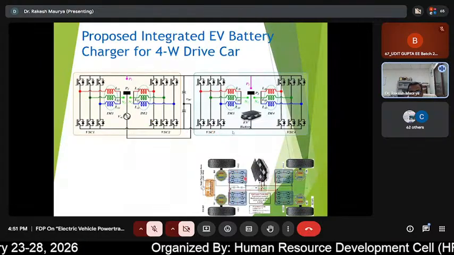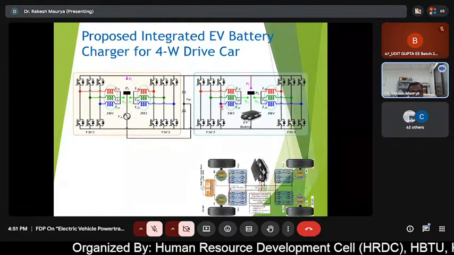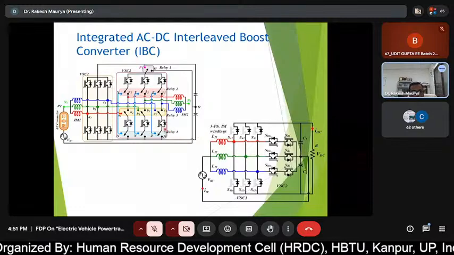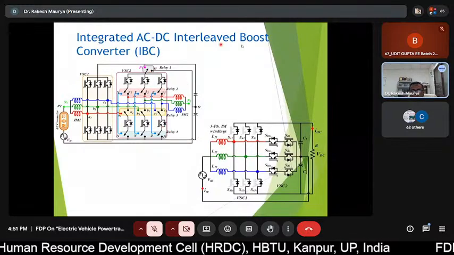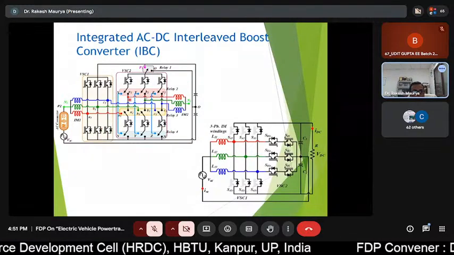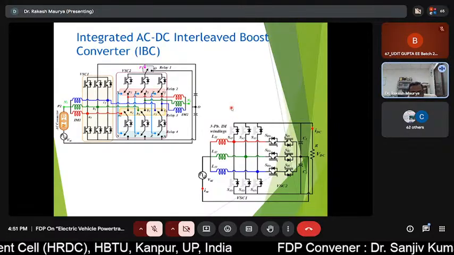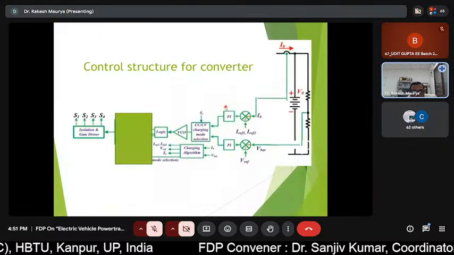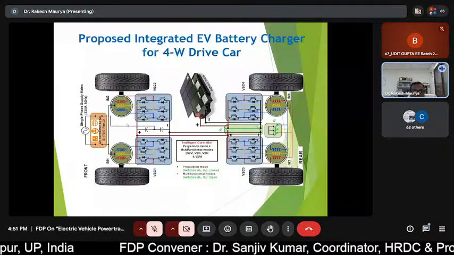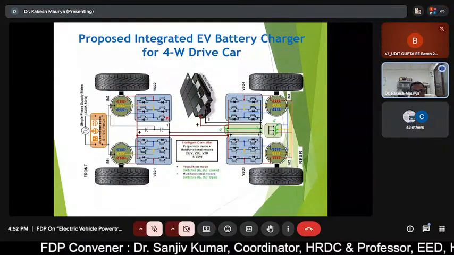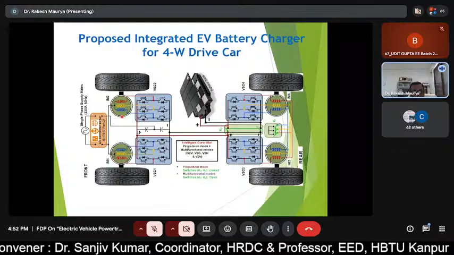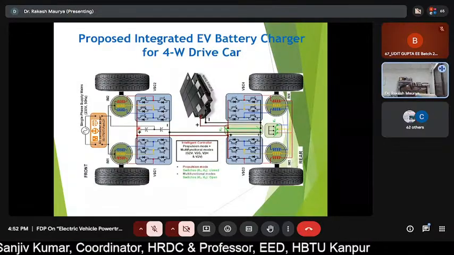Okay, so the same concept is reconfigured as this one. So now here again the same thing. Some topology is changed, because I have given this four-wheel drive. We can use the front wheel converter as a PWM rectifier.